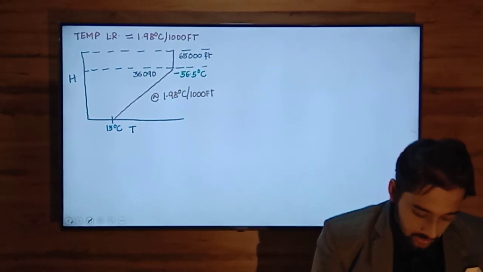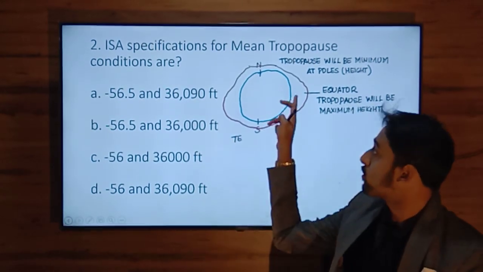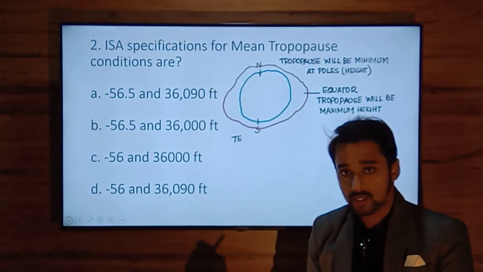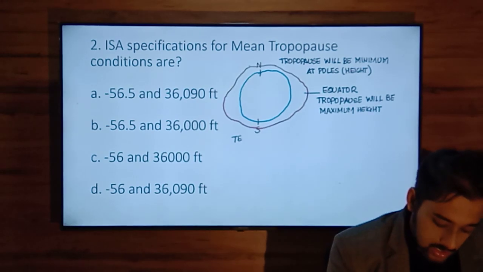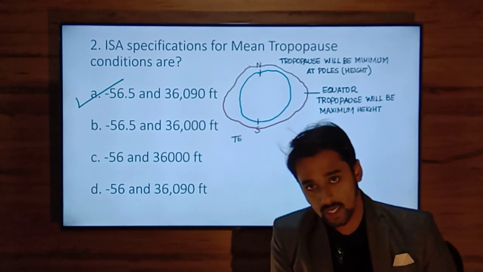So the correct option here for mean tropopause, because we have tropopause height maximum at the equator and minimum at the poles, the average of that will be 36,090. So option A, and minus 56.5 degree Celsius.